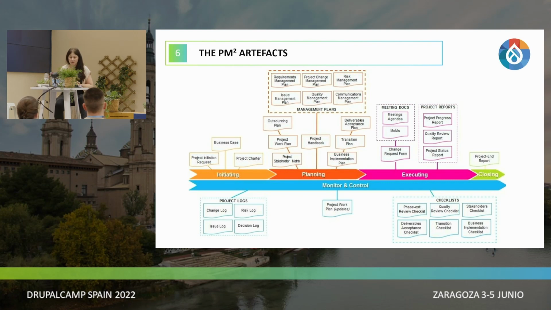Then we have the project work plan that is kept up to date every sprint, in our case, in commission. And then we have a very good checklist that will also help us to understand if we are going well or not, which covers deliverables, transition, business implementation if it's the case, and stakeholders, because people go on sick leave, they go on holidays, people have their backups, they are being replaced from time to time, so we always have to keep the checklist.